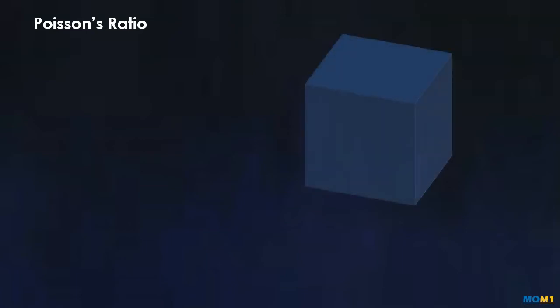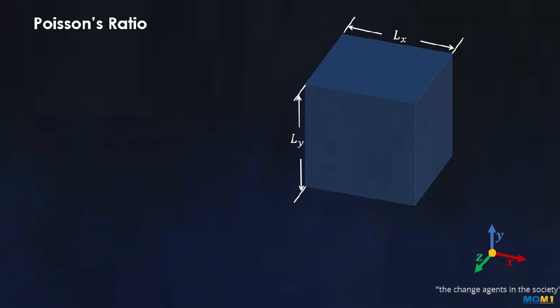Now let's consider a cube keeping in view the coordinate axis. Lx represents the length along the x-axis, Ly represents the length along the y-axis, and Lz is the length along the z-axis.